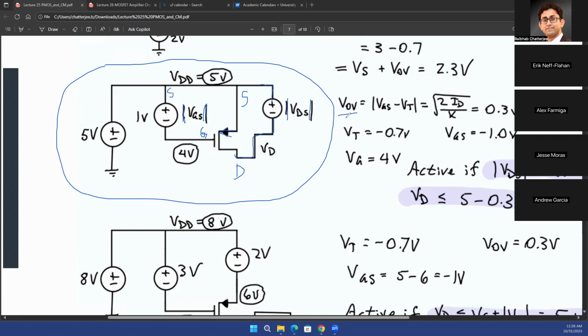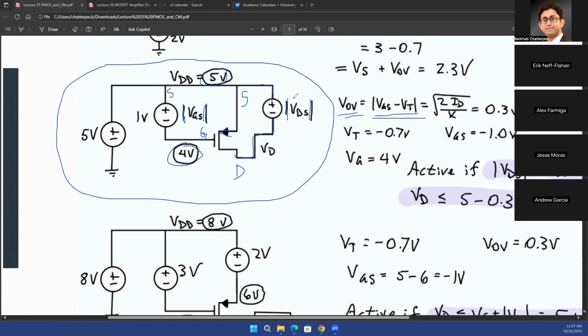So in this case, your V overdrive, which is the absolute value of VGS minus VT, how much is that? Your absolute value of VGS is 5 volts minus 4 volts. Your gate is at 4 volts, source is at 5 volts. So your VSG is 1 volt, your VGS is minus 1 volt, but your absolute value of VGS is plus 1 volt.